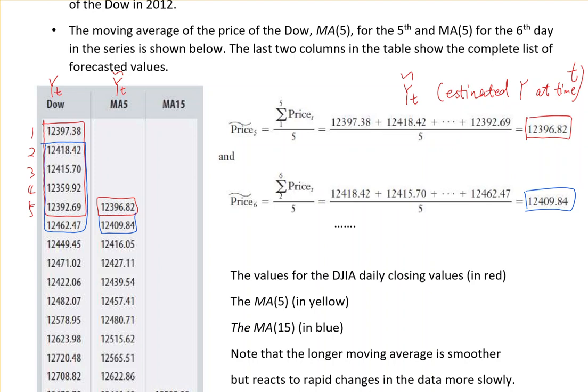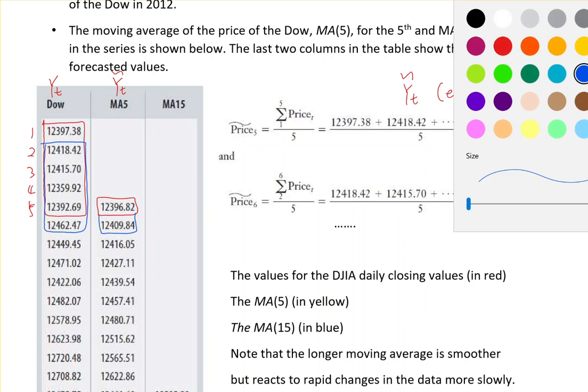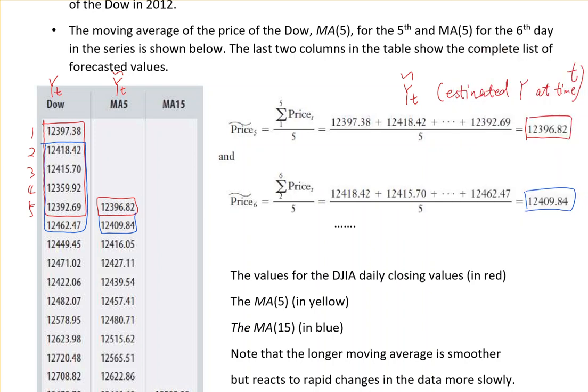Next, you can guess, what about the next one? The estimated value at time 7 will be equal to the average from the 3rd to the 7th value.